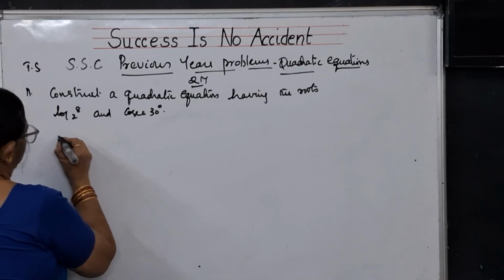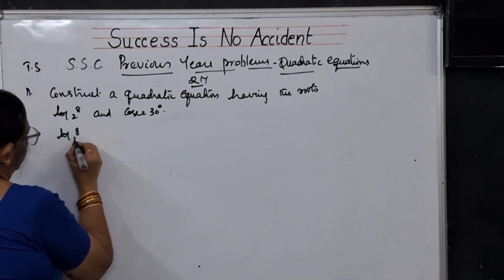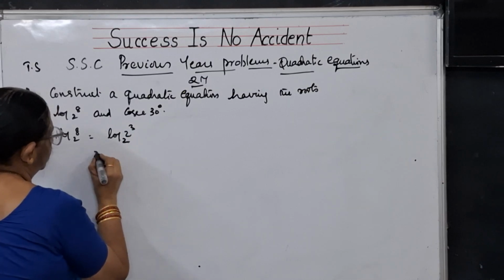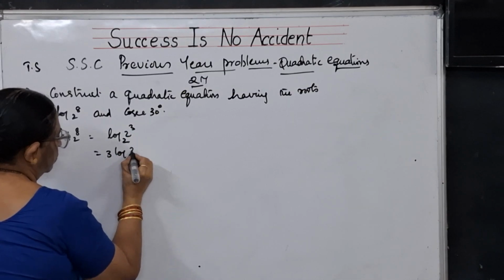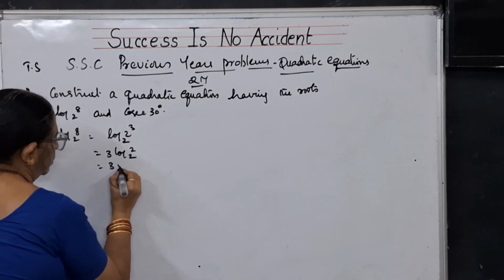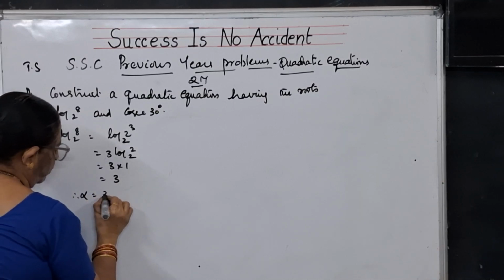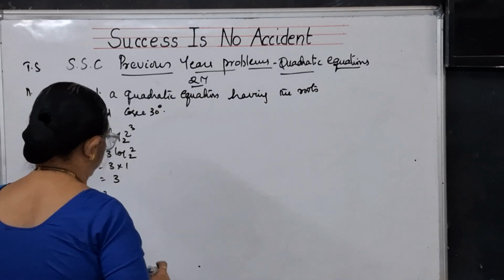So log 8 to the base 2 can be written as log 2 cube to the base 2, 3 log 2 to the base 2, 3 into 1, 3. Therefore, alpha is 3 you have got.